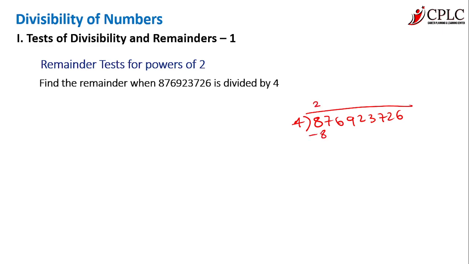So, 4 twos are 8, then 7 comes up, so 4 ones are 4.